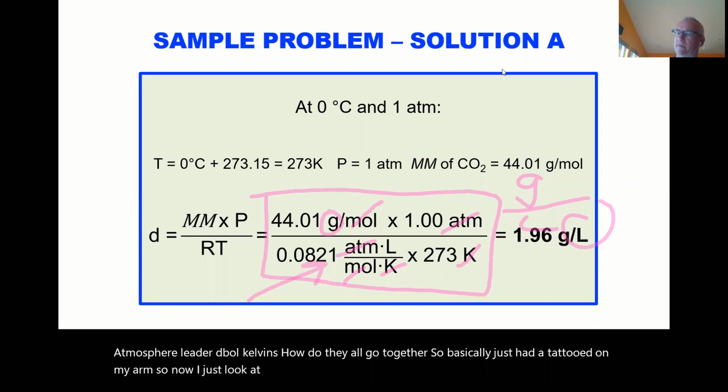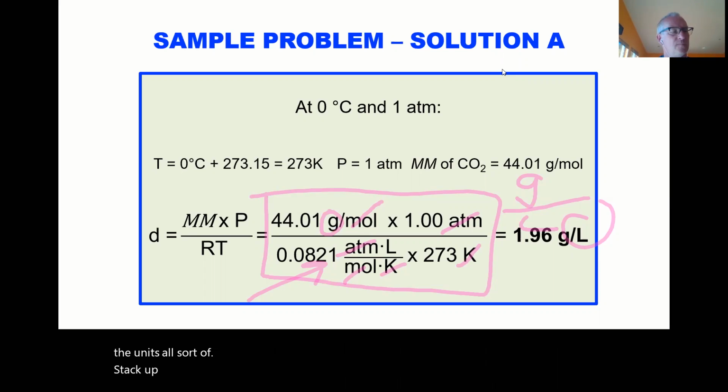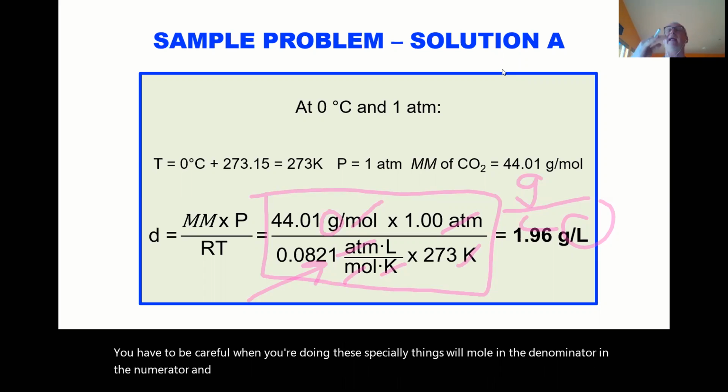Any questions about how the units all stack up together? You're going to have to be careful when you're doing these, especially where it's mole in the denominator in the numerator, and then mole in the denominator in the denominator. So be very careful with those.